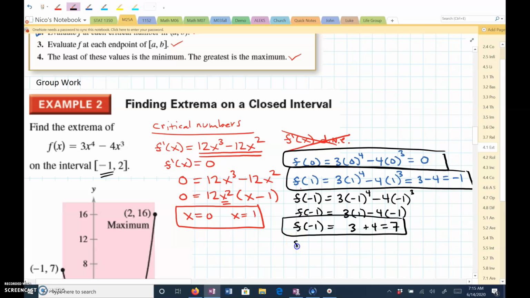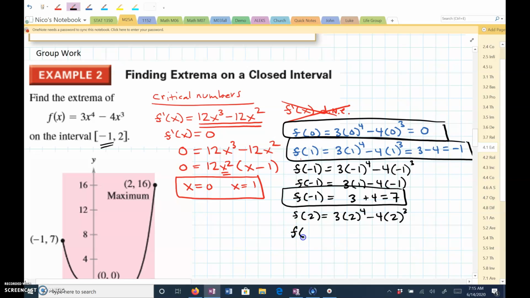Finally, I need to evaluate f of 2, which is 3 times 2 to the 4th power minus 4 times 2 cubed. 2 to the 4th is 16, and 2 cubed is 8. 3 times 16 is 48, minus 4 times 8 is 32, so this would be 16.